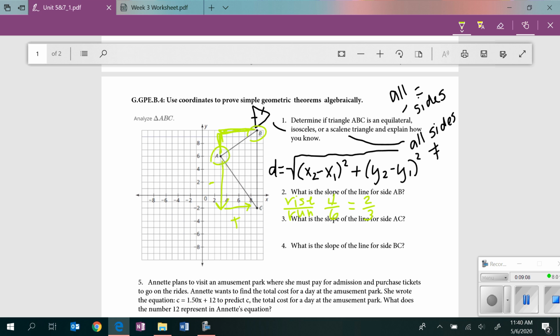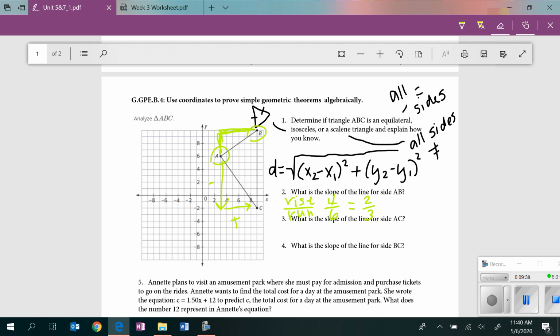Number 4, the slope for side BC is kind of complicated. As you see, it's just a straight line going up and down. So remember that when we have a straight line going up and down, that's like saying we have a lot of rise, but 0 run. It's not going left or right.